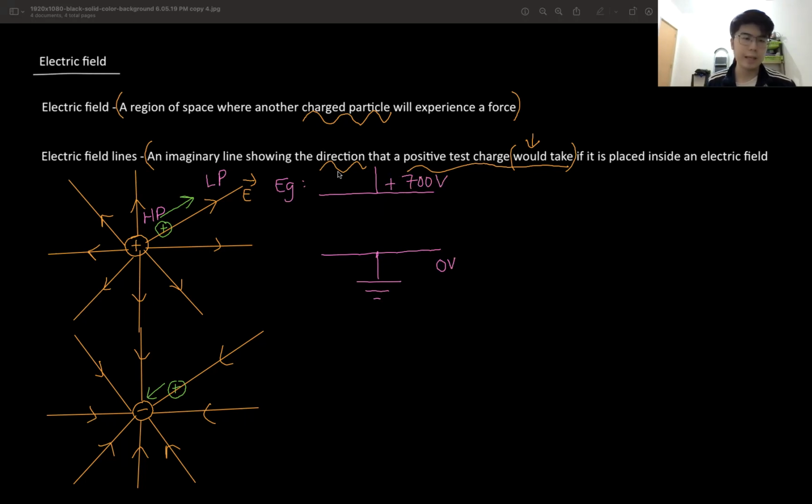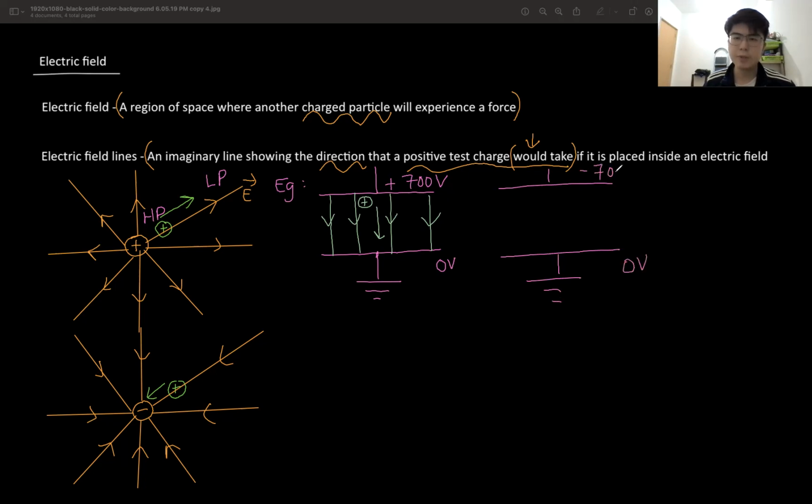If I want to draw the electric field, how do I draw it? Imagine I place a positive charge here. It will repel and go towards here. Why would it go down here? Because positive charges always go from higher potential to lower potential. So I draw my electric field lines like this, pointing downward. Now if I apply negative potential, here I connect to Earth, 0, and here I put negative 700 volts.